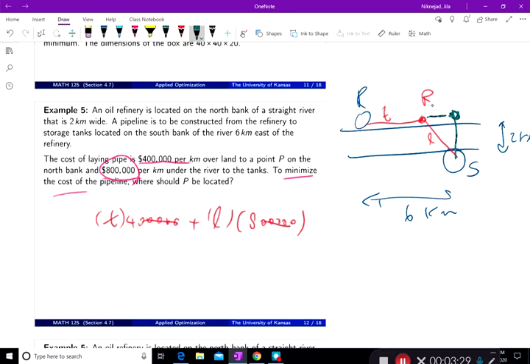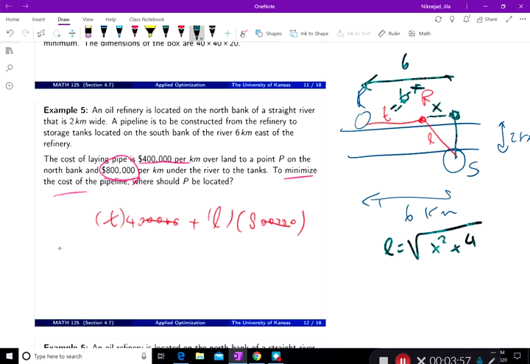Let's name this X. Then T would be 6 minus X over here, and L would be, by the Pythagorean theorem, the square root of x squared plus 4, since 2 to the power 2 is 4.